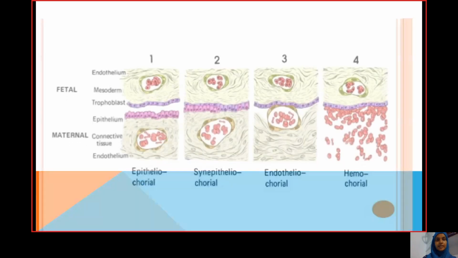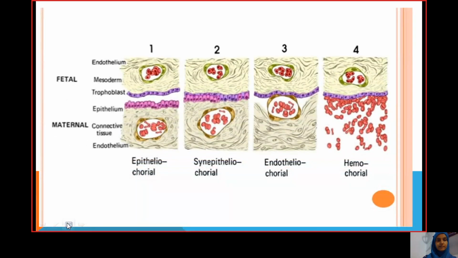This is the epitheliochorial placenta. Here the chorionic trophoblast forms chorionic villi that directly connect to the epithelium. The chorion of the fetus, the fetal membrane, and the epithelium of the mother, the maternal membrane, form the placenta.